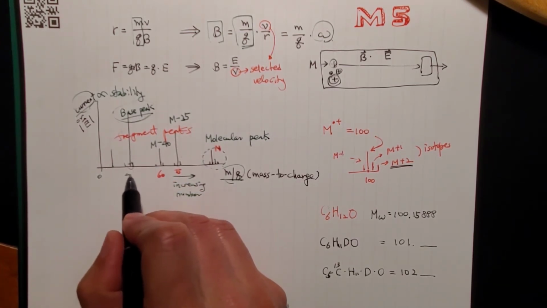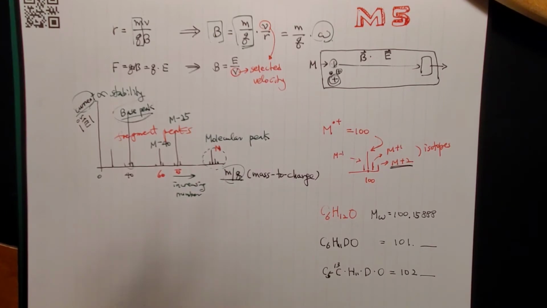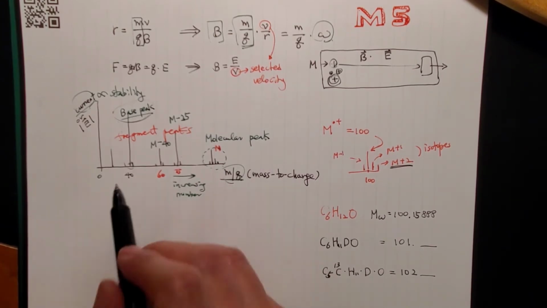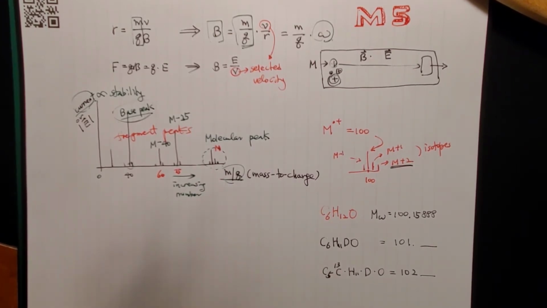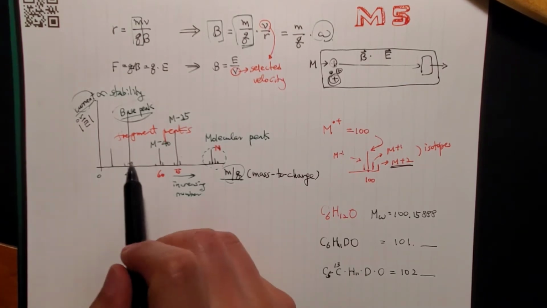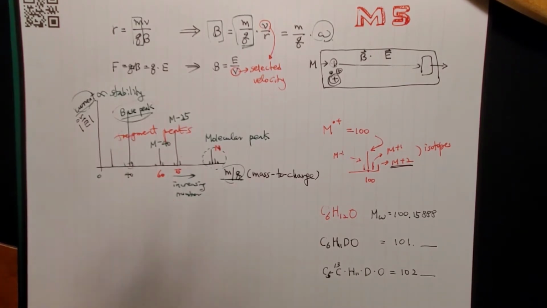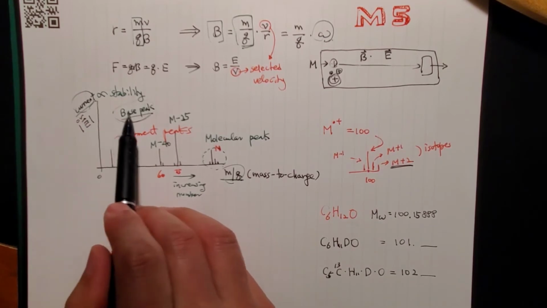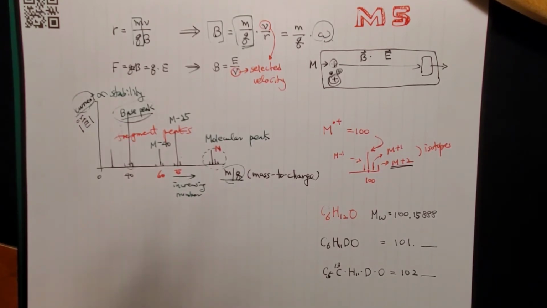Let's say this is 40. Then the mass unit of 40 should be in the structure that's most stable, because it's giving the base peak, the tallest peak. So it is all under the fragmentation. So let's get to the fragmentation.